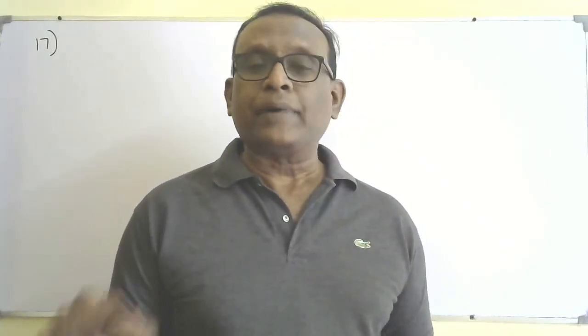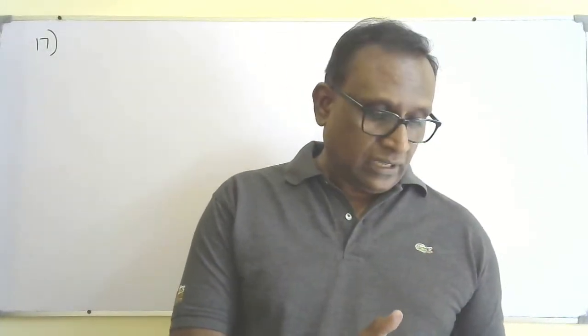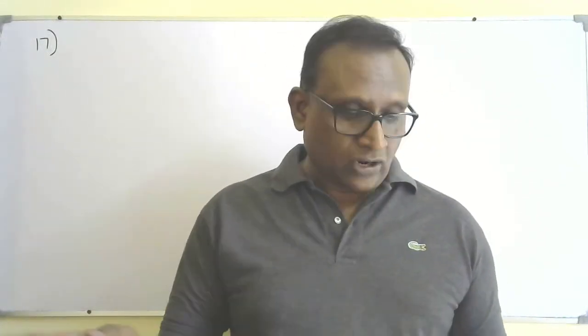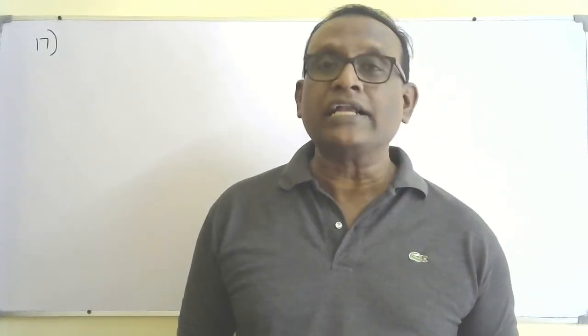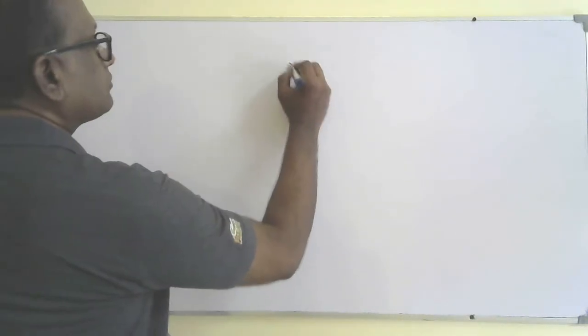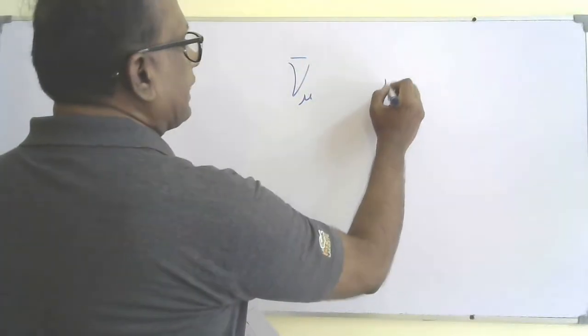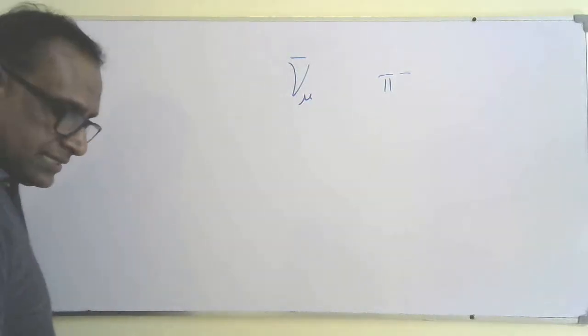So pi minus is the negative pion. The others on the right side are the muon and the neutrino. You can write those answers.